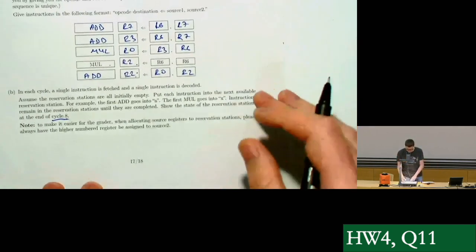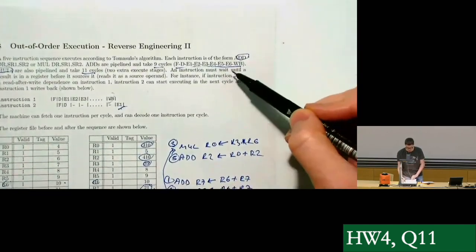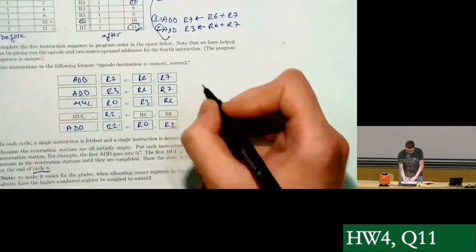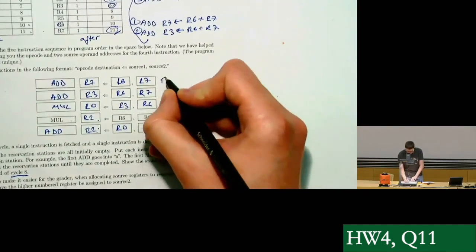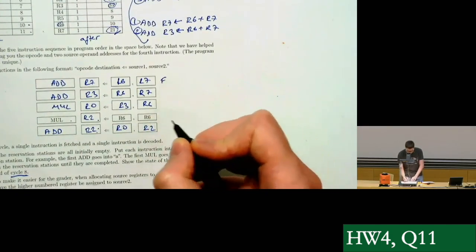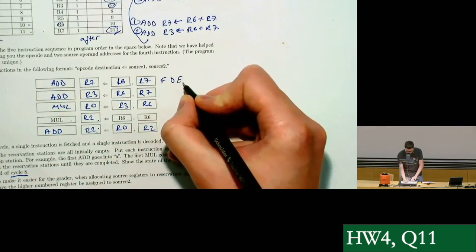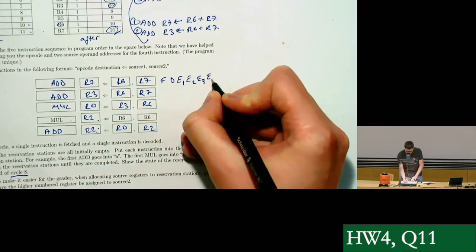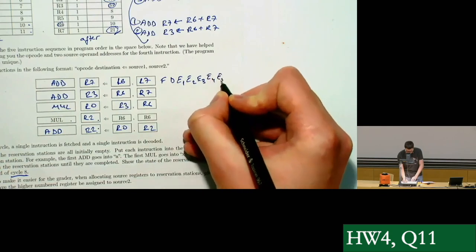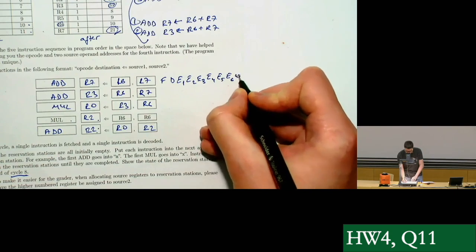So here in the beginning, we were given these stages that the addition and the multiplication are going through. So I will just write it here. So in the first cycle, for the add instruction, we will do fetch and then decode, and then we will go through E1, E2, E3, E4, E5, E6, and then it will be write back, right?